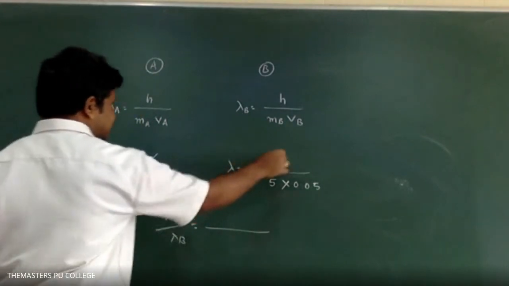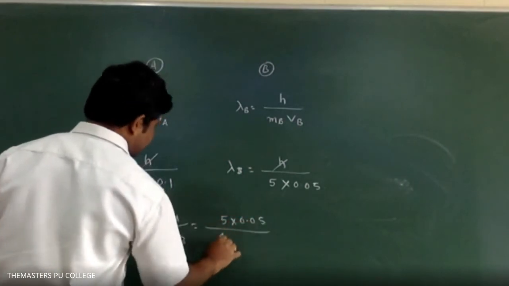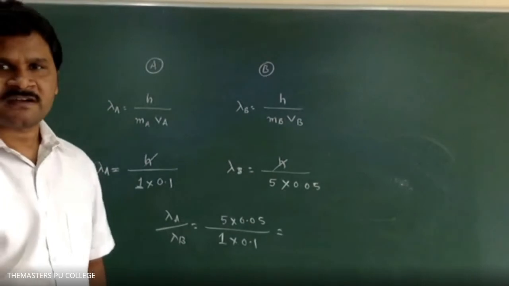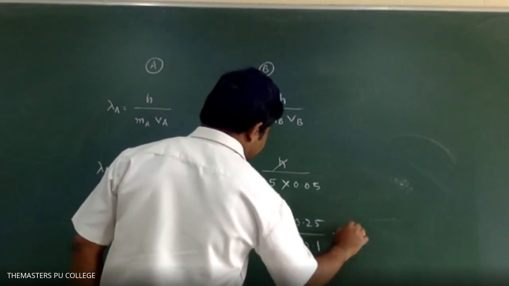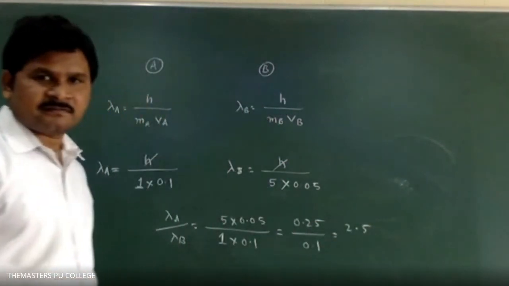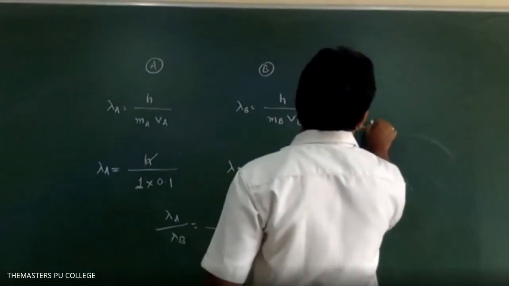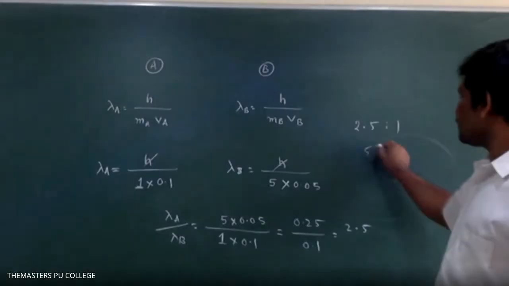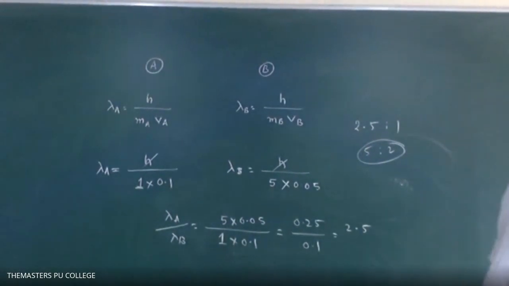Simplify step by step, h cancels. 5 into 0.05 divided by 1 into 0.1. 5 into 0.05 means 0.25, divided by 1, that is equal to 2.5. 2.5 is to 100, that ratio, ma, is 5 is to 2, na? Understood? Yes, sir. 5.